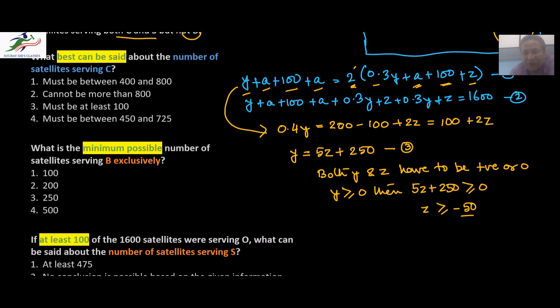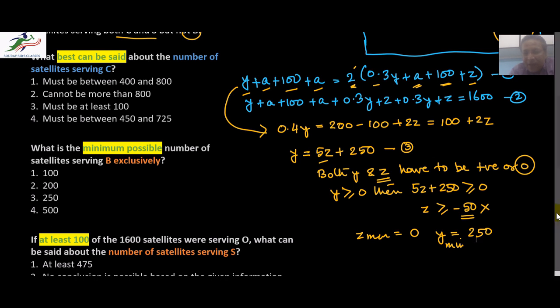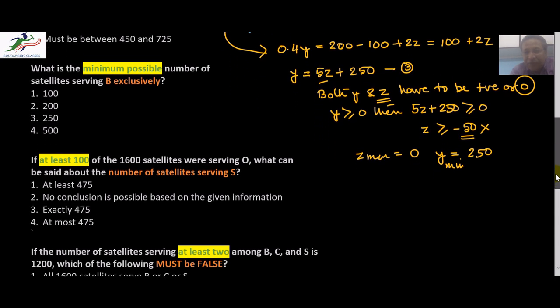Now, z cannot be minus 50. This is wrong. So what is the minimum value of z? 0. That we have clearly understood. So z minimum is equal to 0, and in that case y minimum becomes 5 into 0 plus 250, which is 250. So we can see that z minimum is 0 and y minimum is 250.